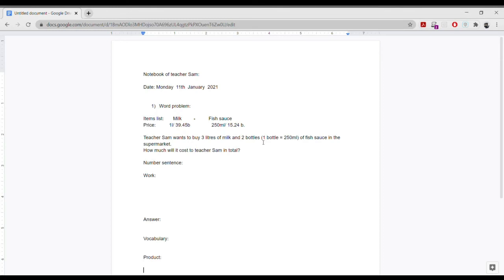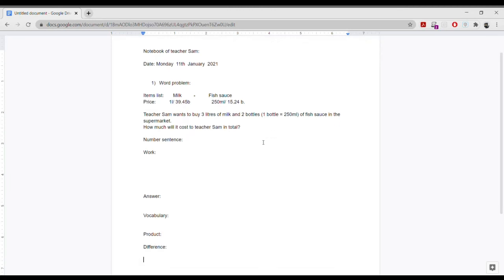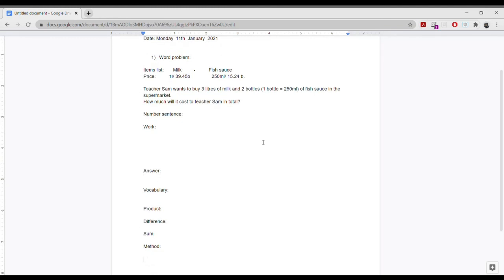Another word was difference. Another word was sum. Also method. And also step. 1, 2, 3, 4, and 5 words.